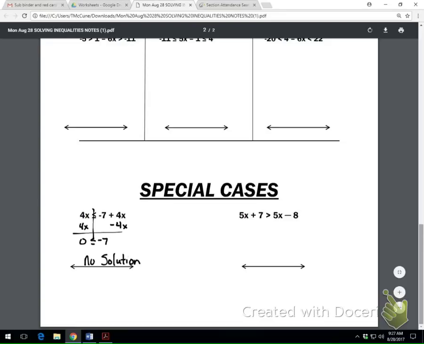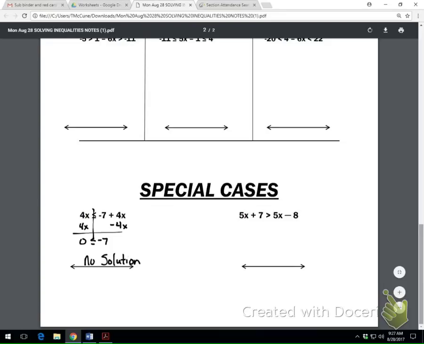Okay, see, if this would have said 0 is less than negative 7, still wouldn't be right because negative 7 is way down there. Now, if it said 0 is greater than negative 7, it'd be yes. It'd be infinite solutions. That means any number greater than negative 7 would work. Okay? So you got to look at those carefully.